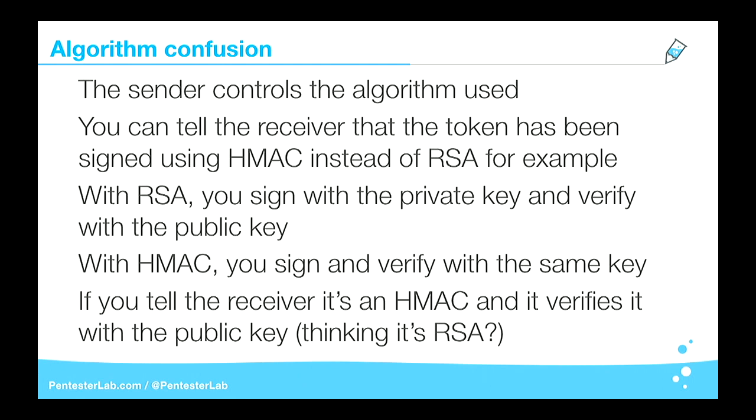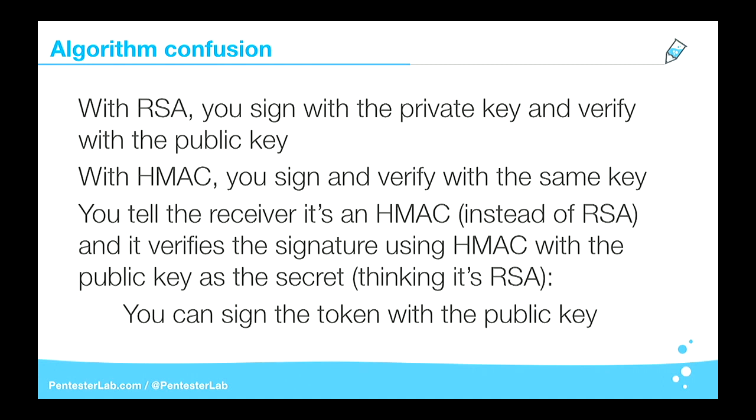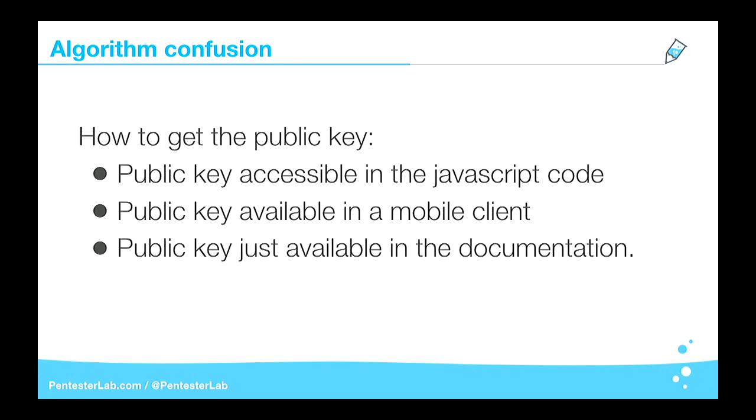When you get that token, you verify HMAC, and the secret for the HMAC is the public key, because your source code thought it was RSA and uses the public key to verify. Thanks to my malicious token, the application is now using HMAC with the public key, and since everyone has access to the public key, they managed to get in. And then they change the payload.